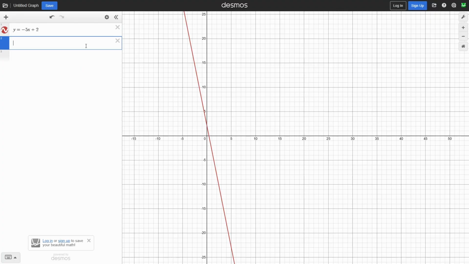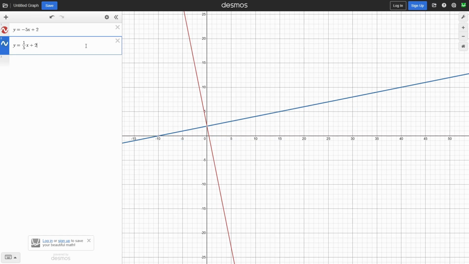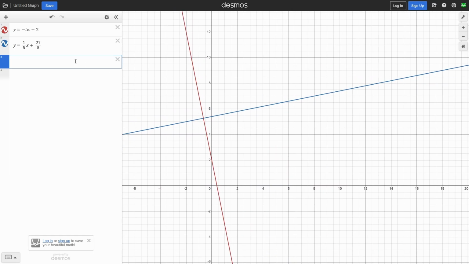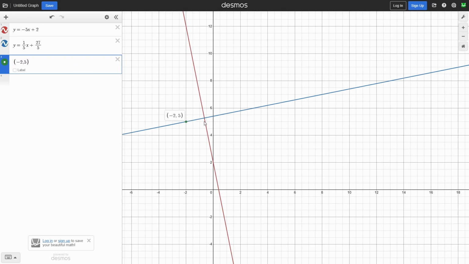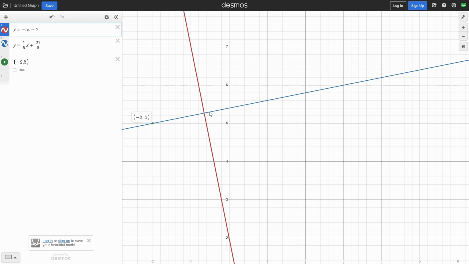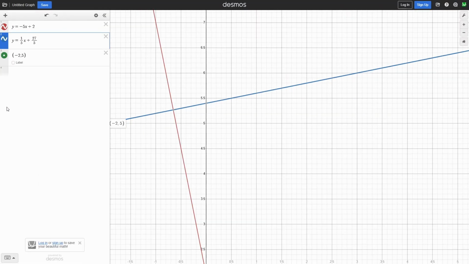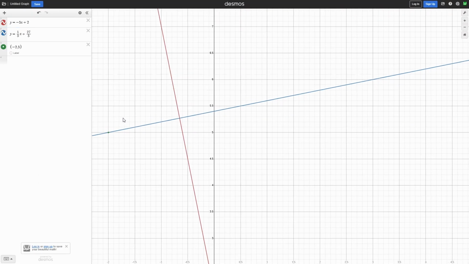And our new function now is y equals 1/5 x plus 27/5. And as you can see, it passes through the point -2, 5 and is perpendicular as it forms a right angle with the original line. There you go.